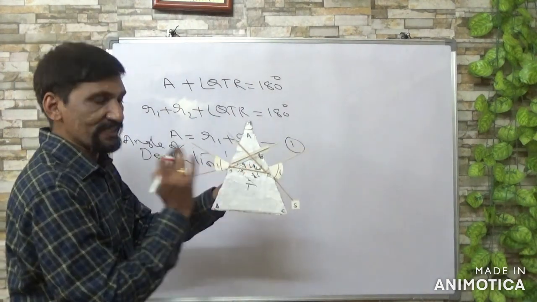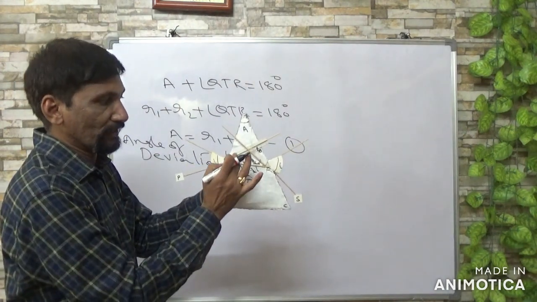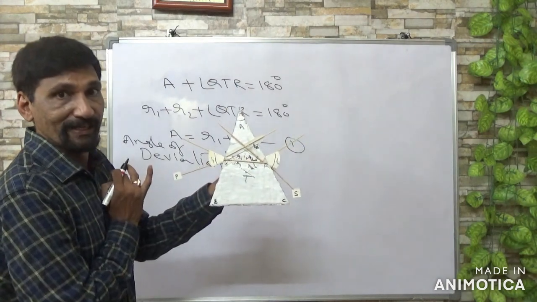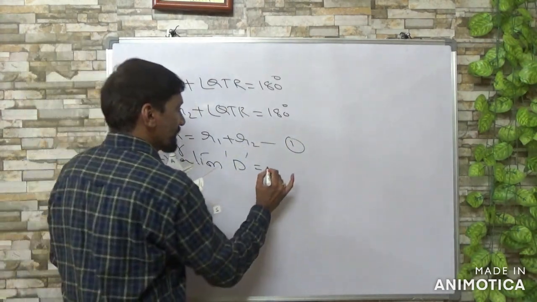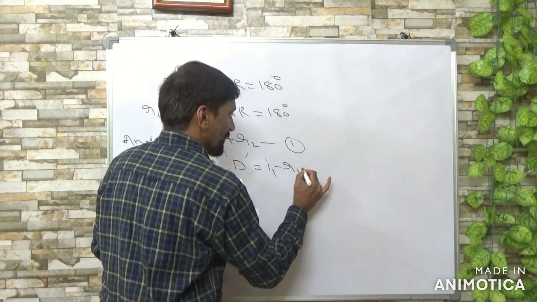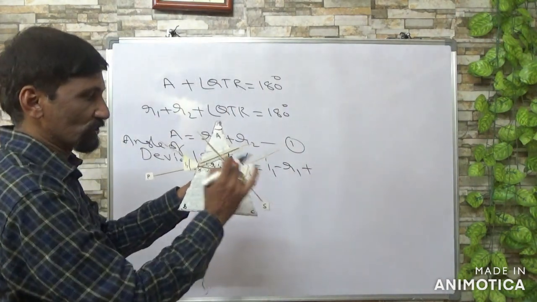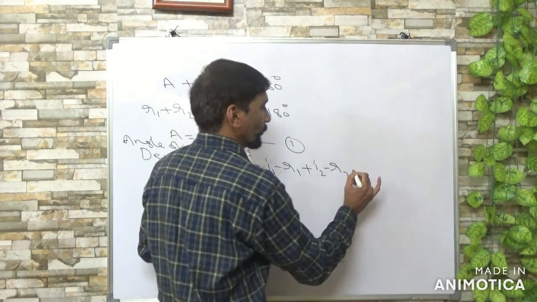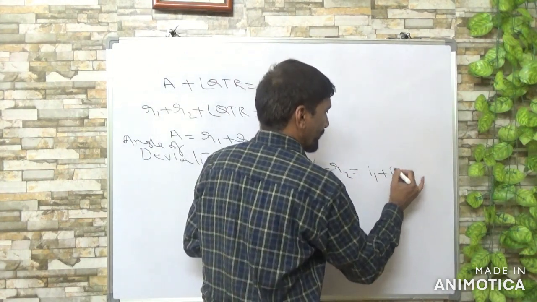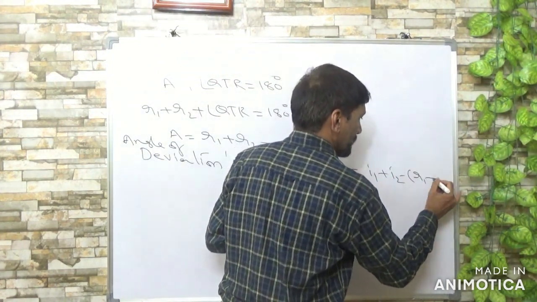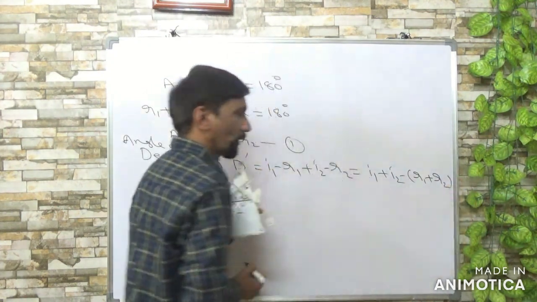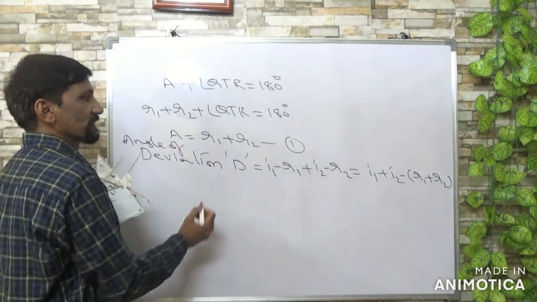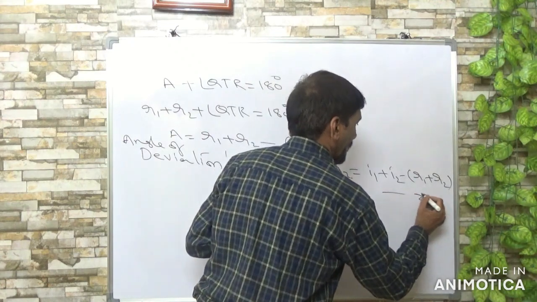If this total is I1 and this part is R1, then this must be I1 minus R1. So the angle of deviation equals I1 minus R1 plus, for this one, I2 minus R2, which is equivalent to I1 plus I2 minus (R1 plus R2). So this is the second one.